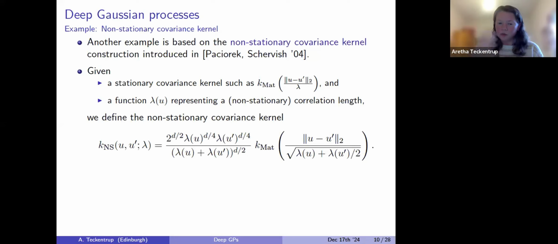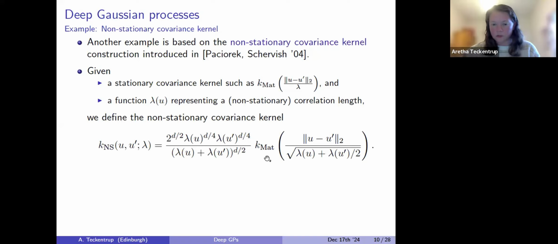You can then use this general recipe to build a non-stationary covariance function. So you take the scalar length scale parameter lambda and make it dependent on space, so that you have different length scales in different parts of the domain. One part of the domain could have a large lambda, and another part a small lambda.